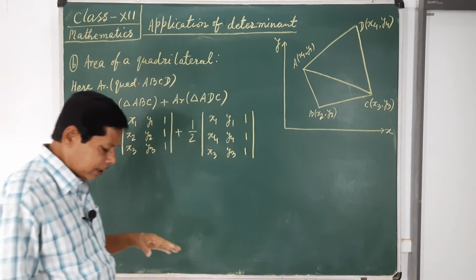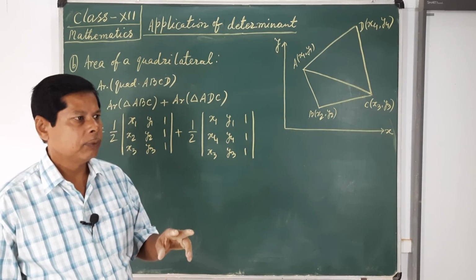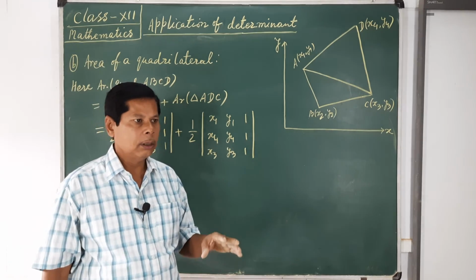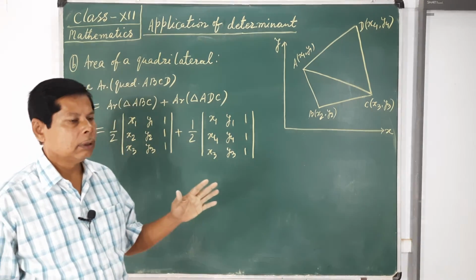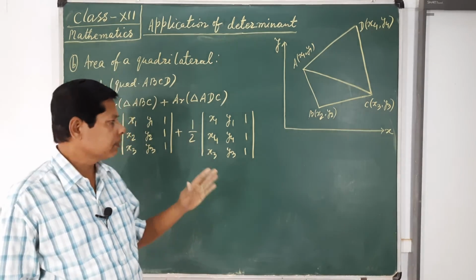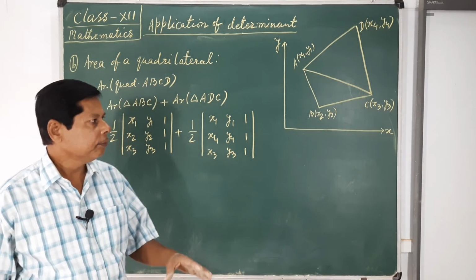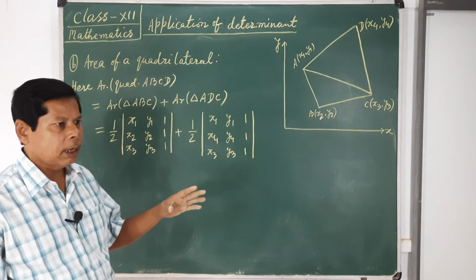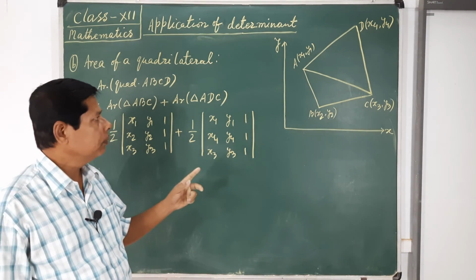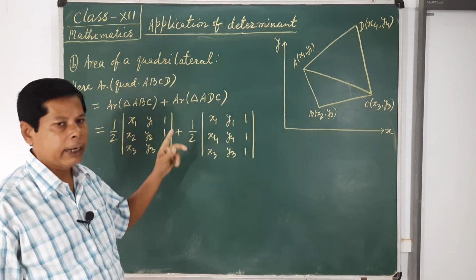So in the application of determinants, there are two parts. One is the basic calculation based on the expansion of the determinant that we have already discussed, and the first application is to find the area of a triangle and a quadrilateral.